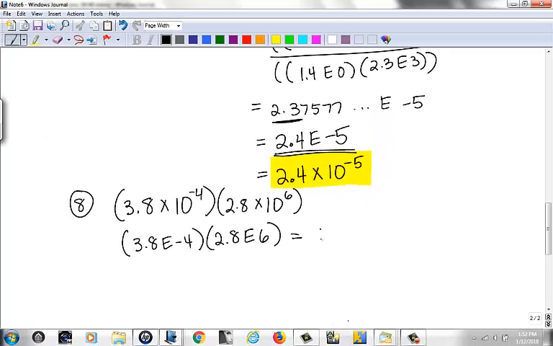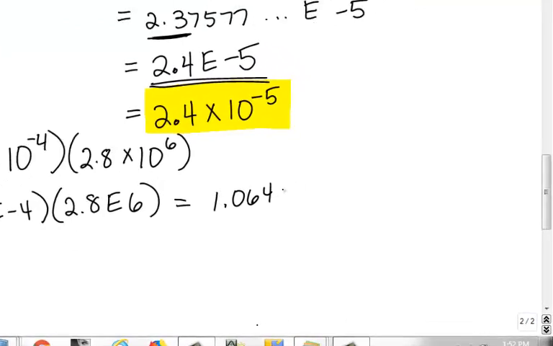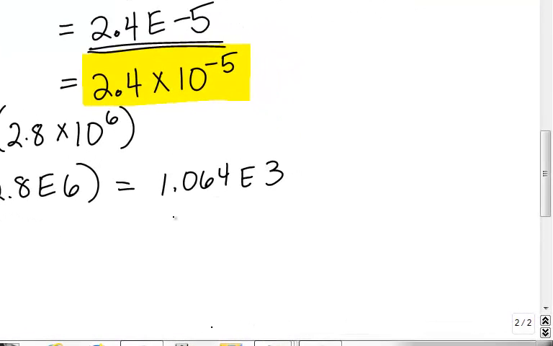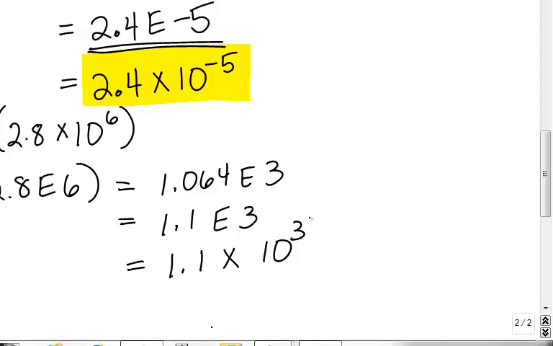Okay, I get 1.064 e to the 3rd. Now if they want it rounded, what's it going to round to? 1.1 e to the 3rd, and then they're going to write it 1.1 times 10 to the 3rd, right?